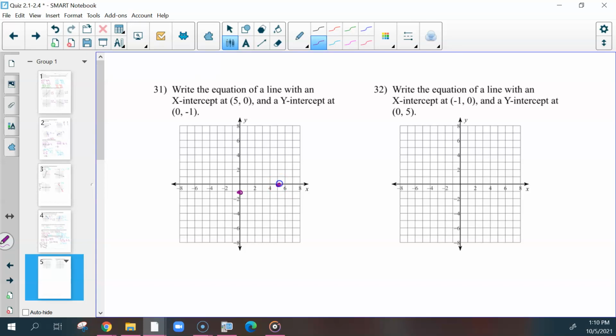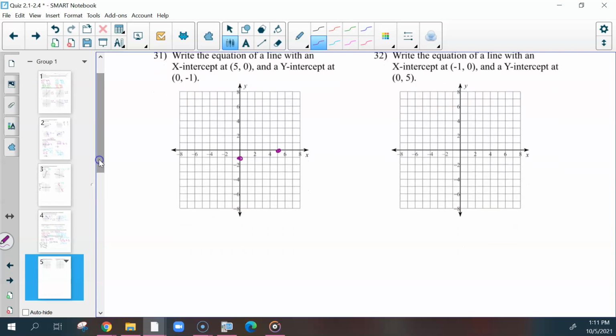Isn't M the slope? M is the slope. Okay.